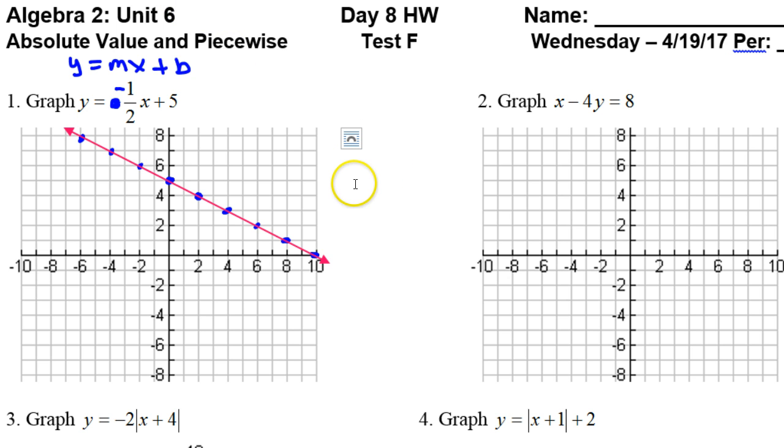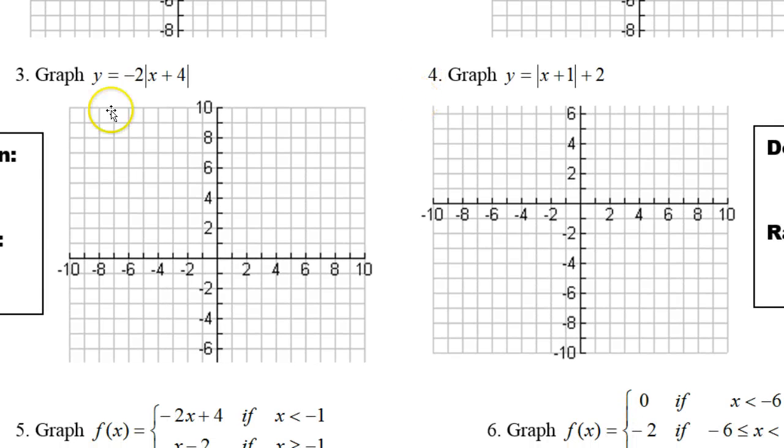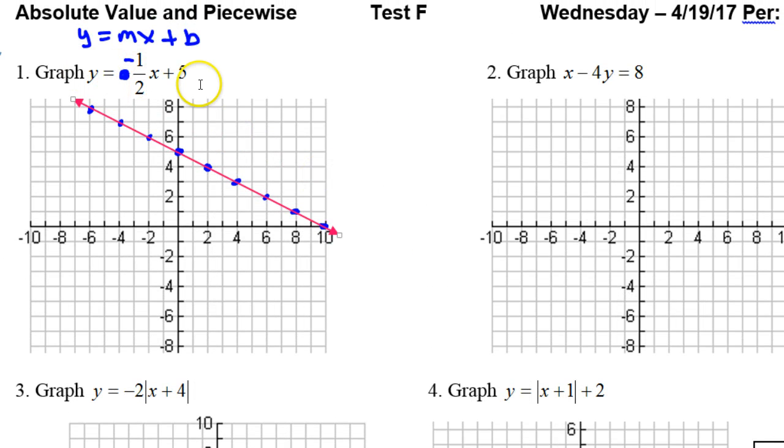By the way, we're graphing these linear equations, but as this unit is all about absolute value and piecewise functions, these graphs are really here to contrast with what's coming when we graph absolute value functions. So notice, this is not an absolute value function. Therefore, it's just a straight line.